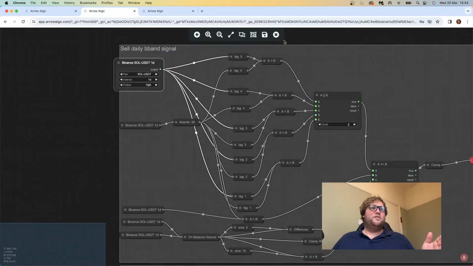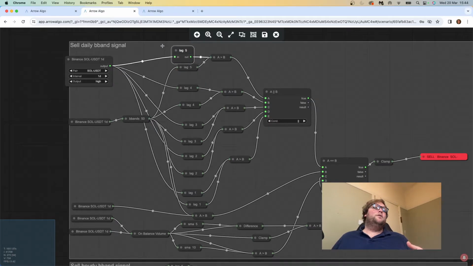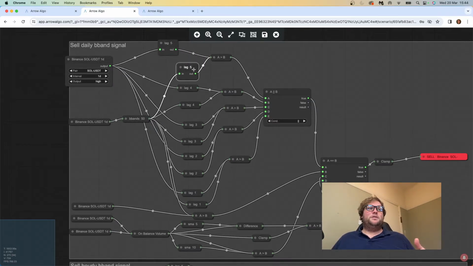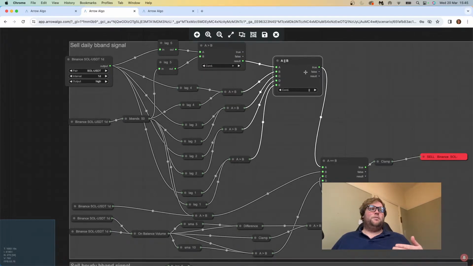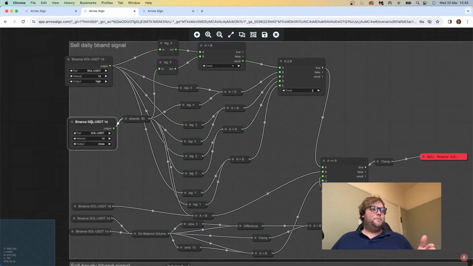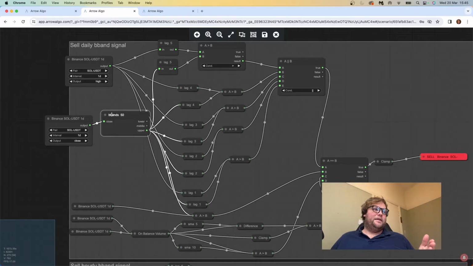So what we'll see generally in these sell conditions is the opposite, really. We're looking at the price has had that correction, and now it's topping out, and potentially trends are about to reverse, and it's about to correct back down again, but still under rising conditions generally. So the first of our sell conditions, again, we are looking at Bollinger Bands, and as we can see here, we're looking at lag blocks.